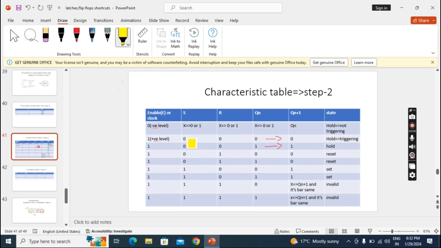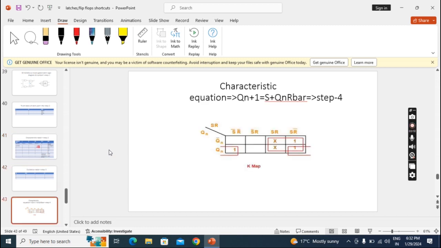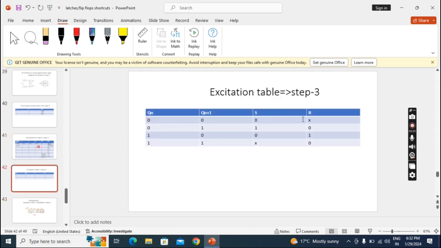What is the S value? 0 only. So S we are getting the same value, so it will be 0. But R we are getting different values. See here 0, here it is 1. Whenever there are different values you have to write X. Okay, so for 0 0 we will get 0X.